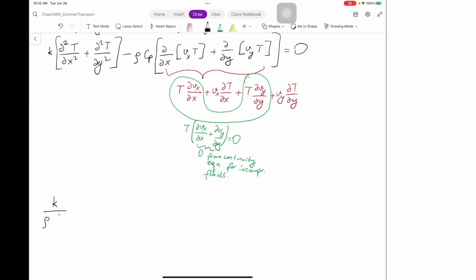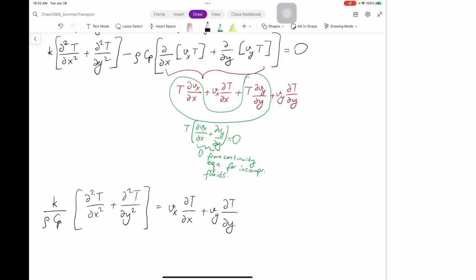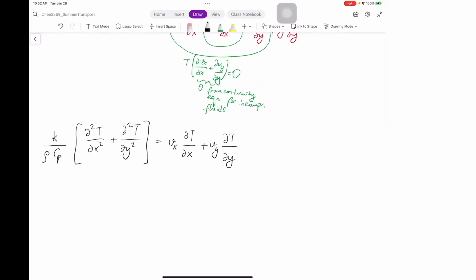K over rho Cp, del squared T over del X squared plus del squared T over del Y squared is equal to Vx del T over del X plus Vy del T over del Y. Okay, so we got our equation.